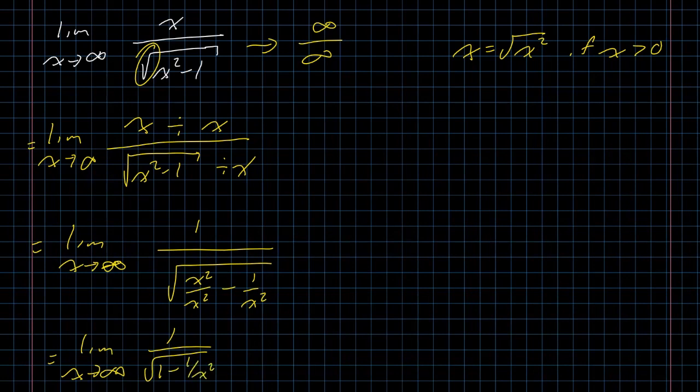And now I can take my limit, right? I know that the limit as x goes to infinity of 1 over x squared is going to go to 0. That goes away. So I'm left with 1 over the square root of 1, which is just 1. Not a whole lot going on there.